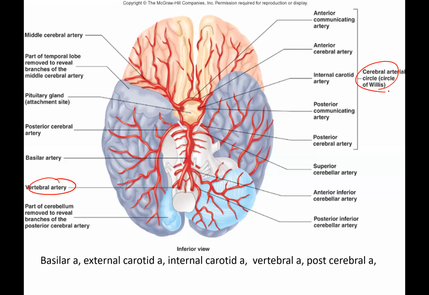A couple of parts I do want you to know from this. One is that vertebral artery area, and then the basilar artery. The basilar artery is another major highway tube that supplies the brain. Then that basilar artery gives rise to the posterior cerebral artery.